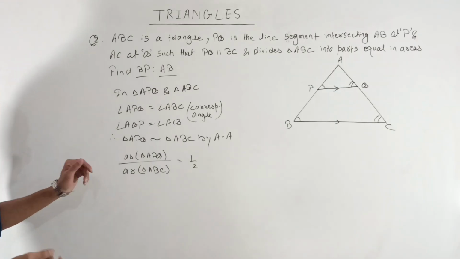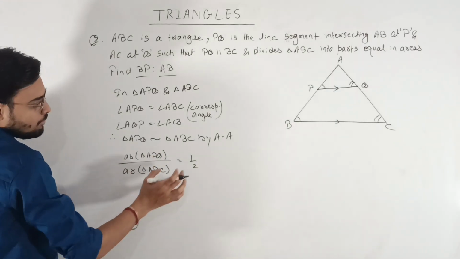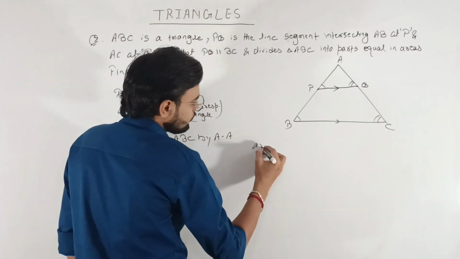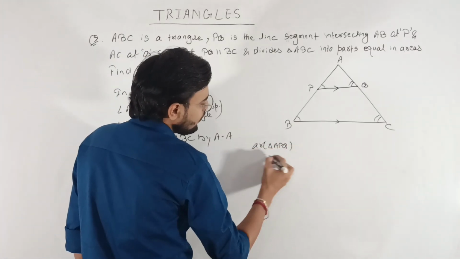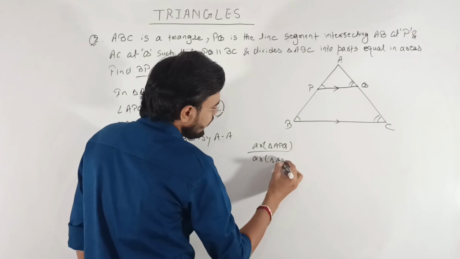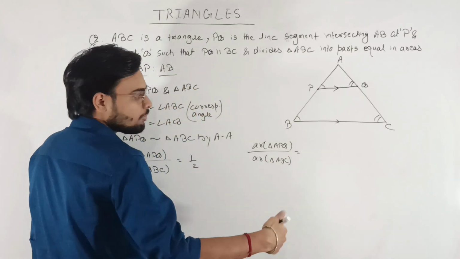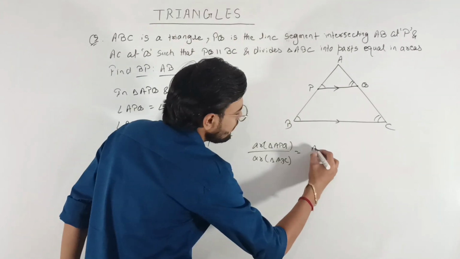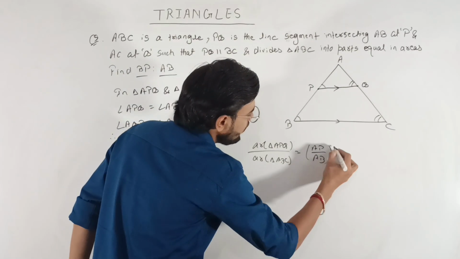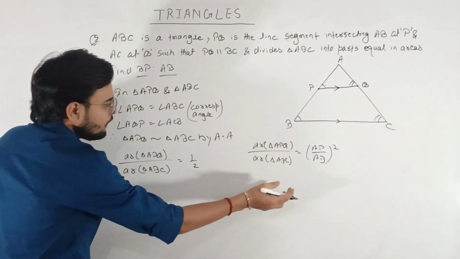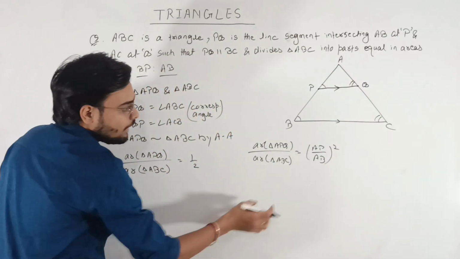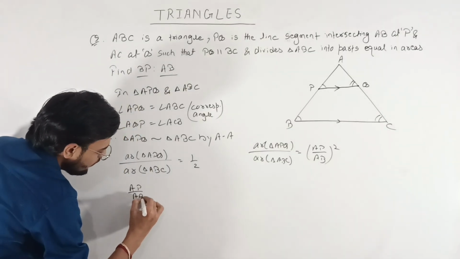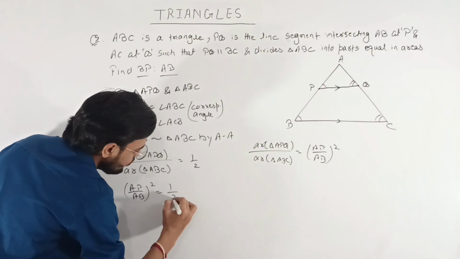Now, the ratio of the areas is equal to the square of the proportional sides. So AP upon AB square is equal to 1 upon 2.